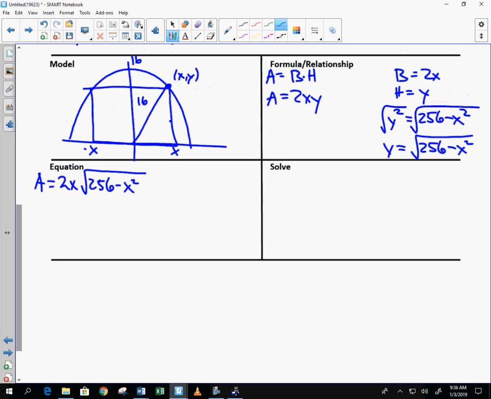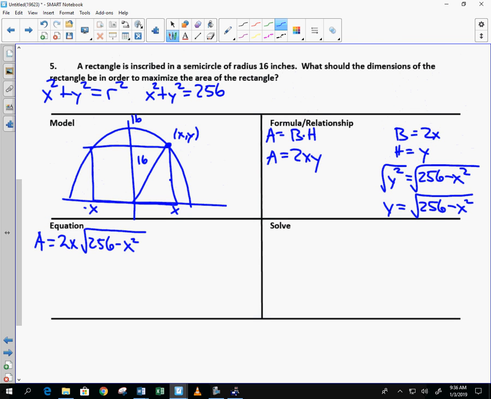Let's pick a value like 8. Suppose x was 8. What would the base be? The base would be 16. And if x was 8, we would have 256 minus 64, which is about 200. What's about the square root of 200?